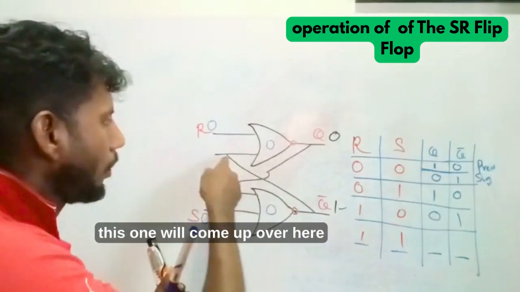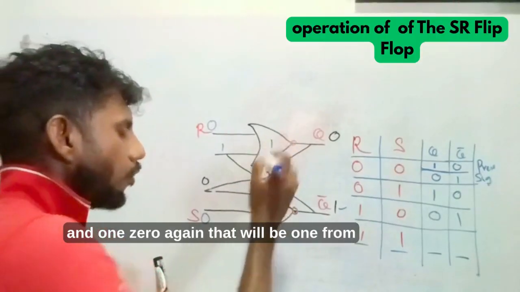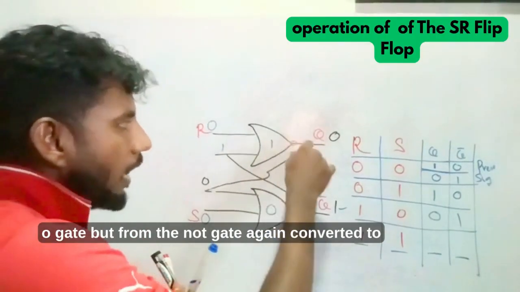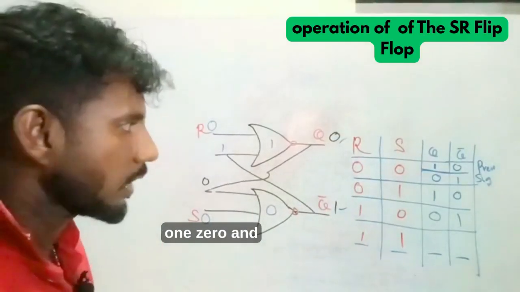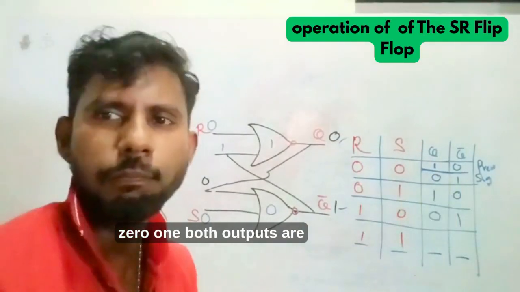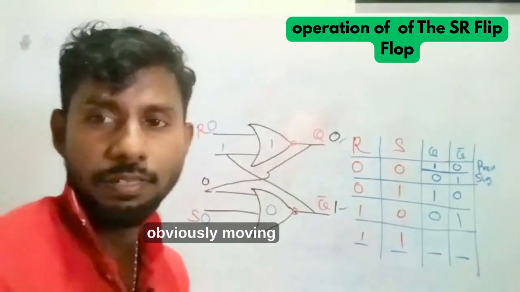And this 1 will come up over here, and 1, 0 again will be 1 from the OR gate, but from the NOT gate it is converted to 0, correct. So 1, 0 and 0, 1, both outputs are possible. So it will show the previous signal, obviously.